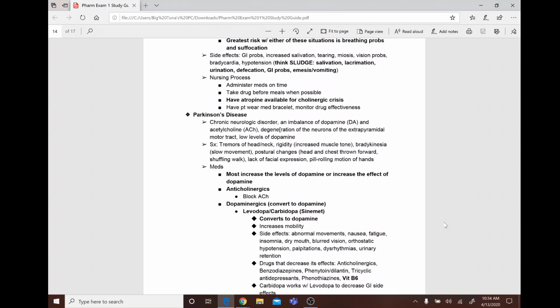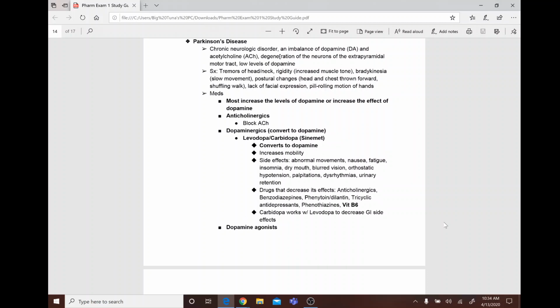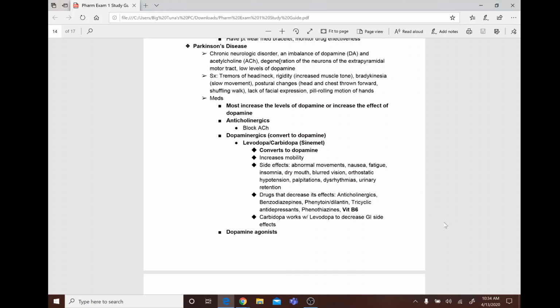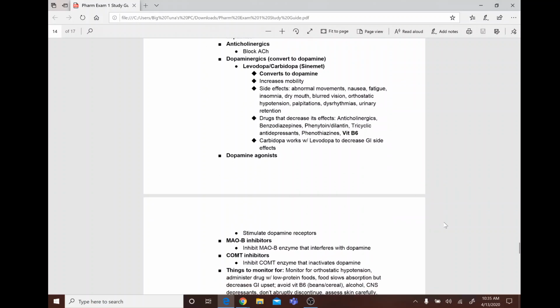What are the symptoms of Parkinson's disease? Rigidity, bradykinesia, postural changes, lack of facial expression, pill rolling motion of hands.